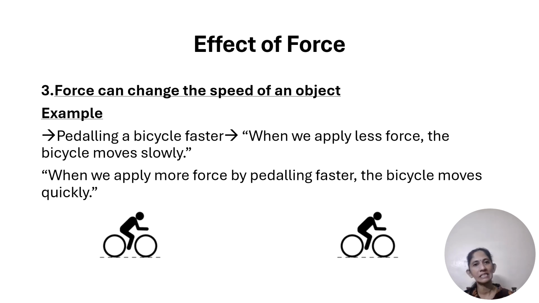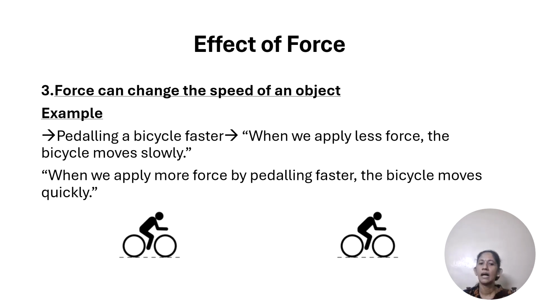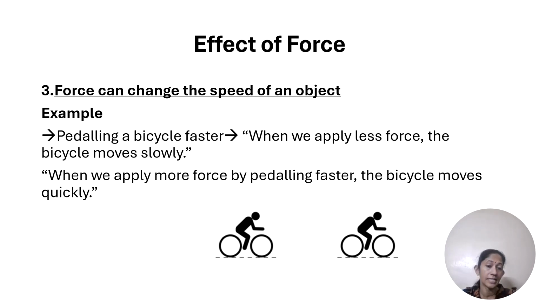So the third point is force can change the speed of an object. Example, pedaling a bicycle faster or slower. When we apply less force, the bicycle moves slowly. And when we apply more force, the bicycle moves quickly. Look at this picture. Here, less force is applied, so the bicycle moves slowly.